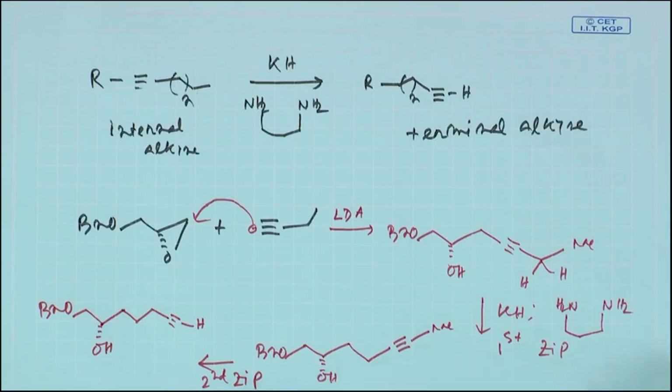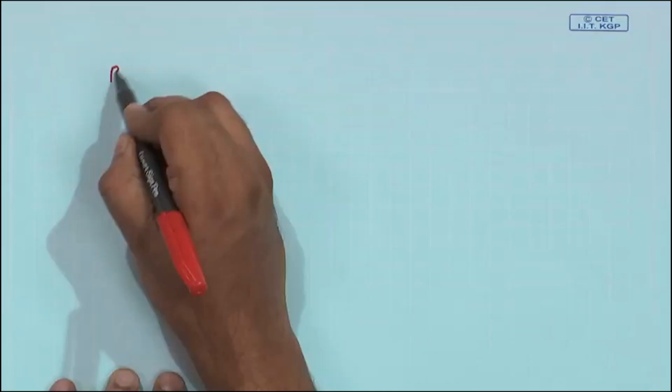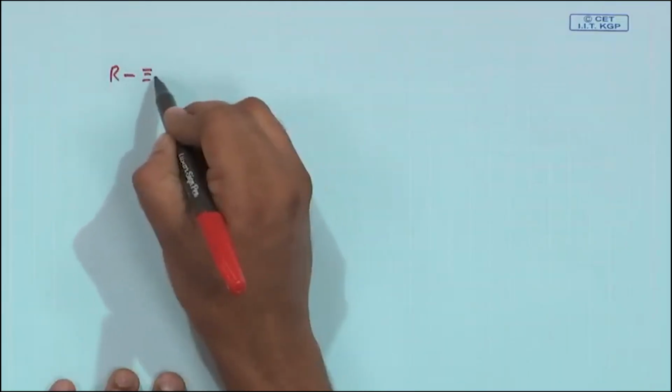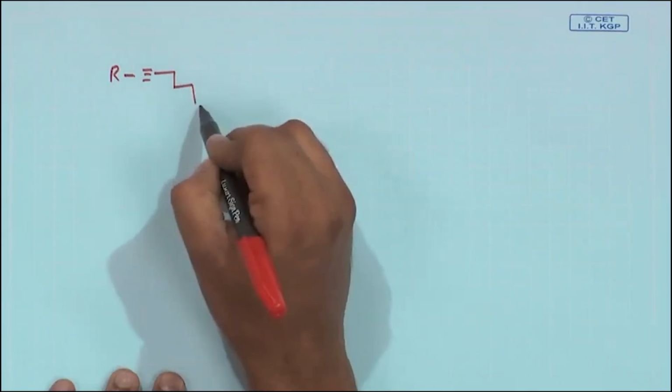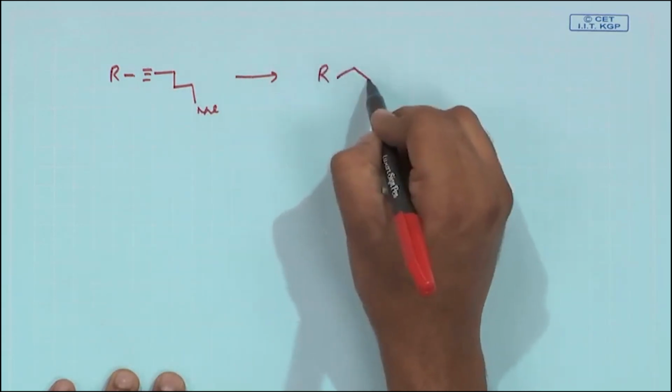So, first zip, second zip, there are n number of zips possible, and this zipper reaction is very useful in terms of synthetic potential. So, an internal alkyne like this is often converted to a terminal alkyne.